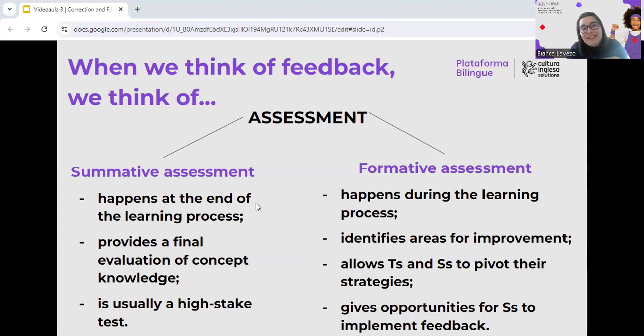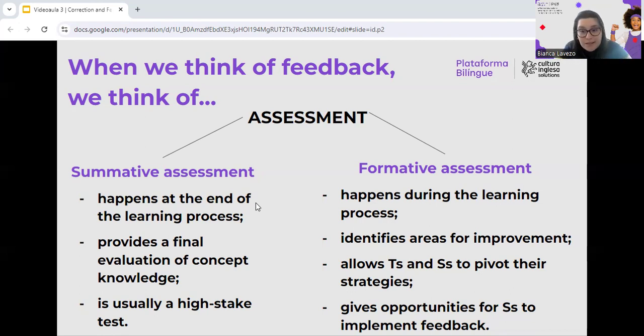And even now, the schools that we teach, they are also very much used to the idea of summative assessment because it's not just the school per se, but when you think of vestibular, Enem, these concepts are also intertwined with what schools want from students in a way.